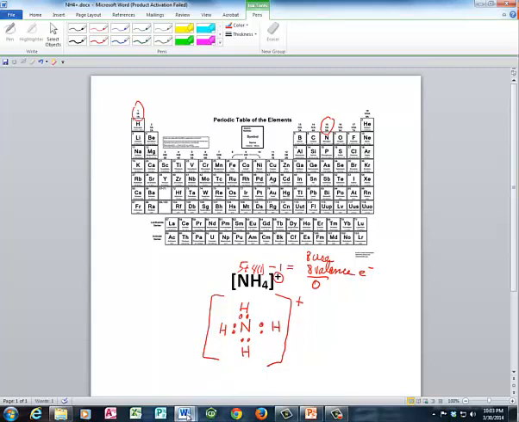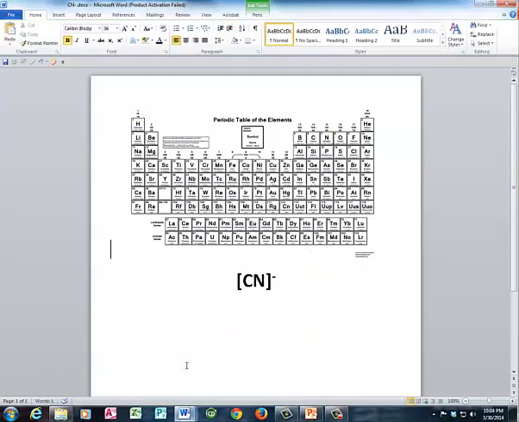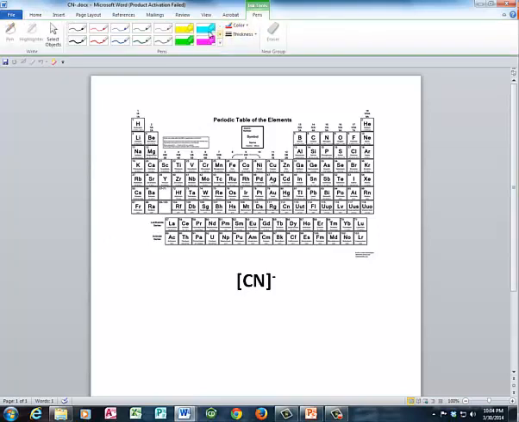Let's try another one. Let's try an anion this time. Let's try cyanide. Cyanide, CN with a -1 charge. Let's get this started. Count the number of valence electrons in the cyanide ion. If we look at carbon, carbon is in group 4, so it has 4 valence electrons.